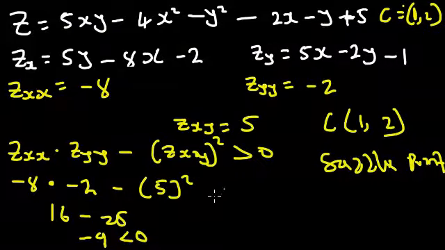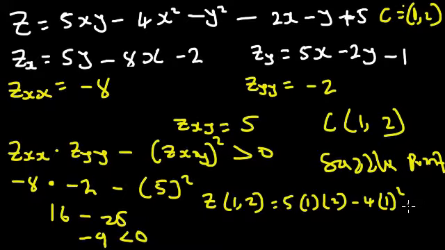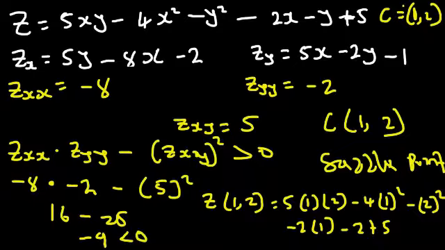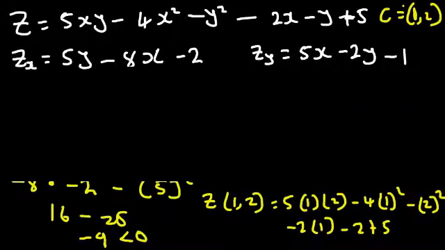So the saddle value would be z of 1, 2, and that would be 5 times 1 times 2 minus 4 times 1 all squared minus 2 squared, then minus 2 times 1 minus 2 plus 5. Okay, let's simplify so that you don't get lost, and also to avoid silly mistakes.